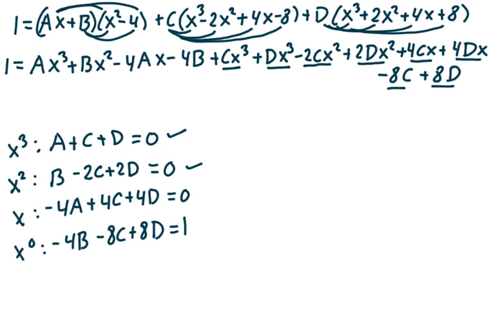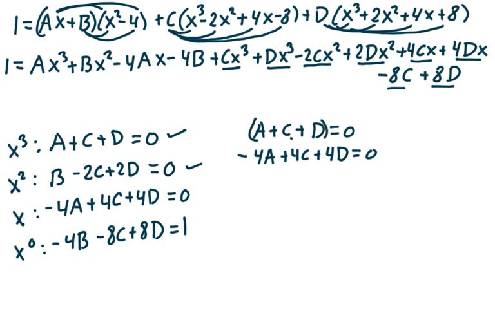So what I'm going to do is look at the first equation, a plus c plus d equals 0, and the third equation, negative 4a plus 4c plus 4d equals 0. I'm going to multiply the first equation by negative 4 on both sides, and then add.